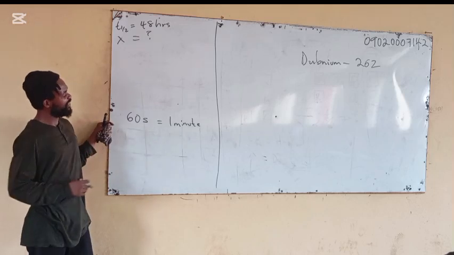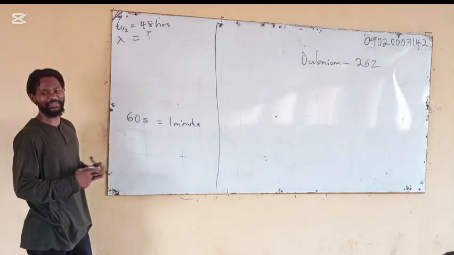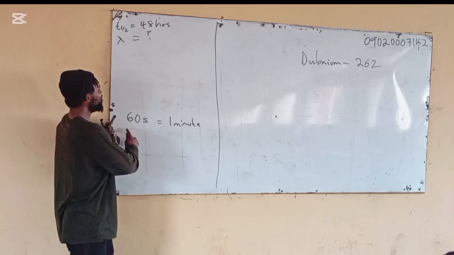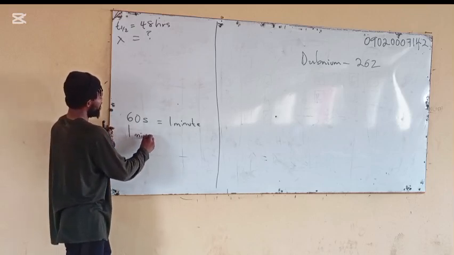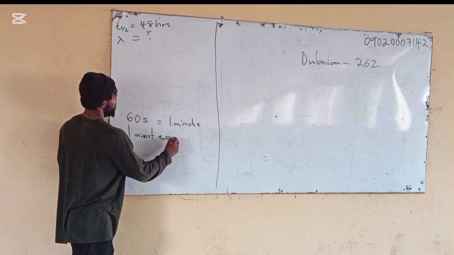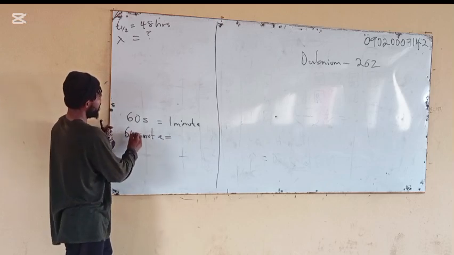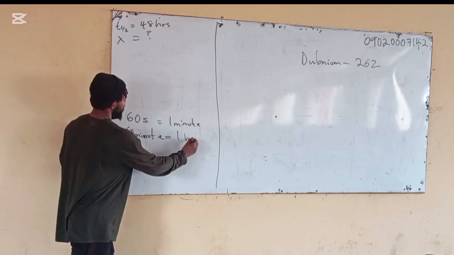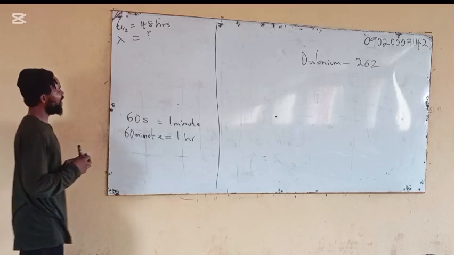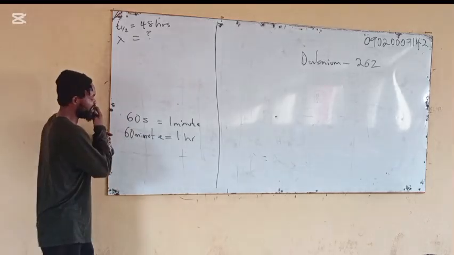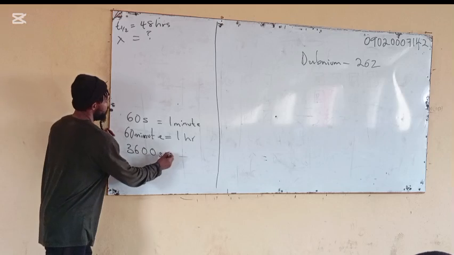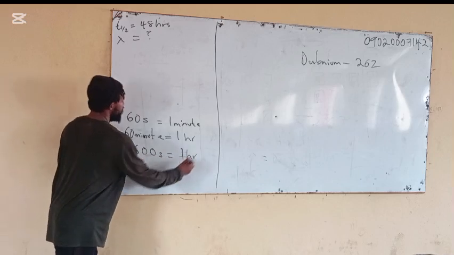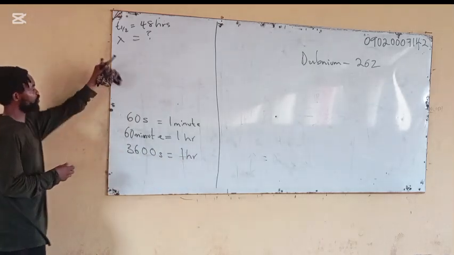Now 1 hour is equal to what? 60 minutes. Thank you very much. And we now know that if that is the case, 60 times 60, which is 3,600 seconds, is equal to 1 hour. Is it not true? Okay.